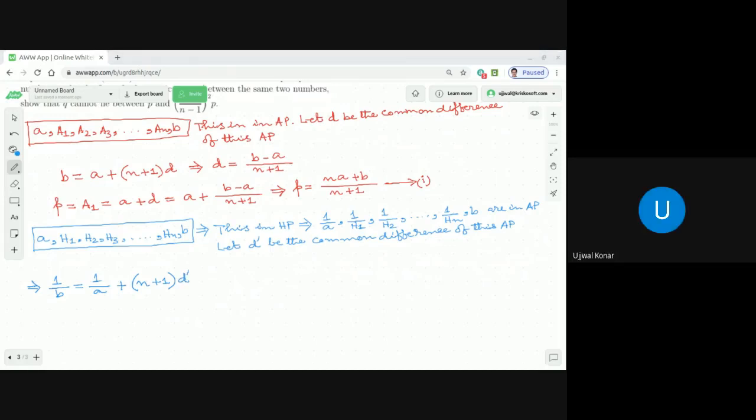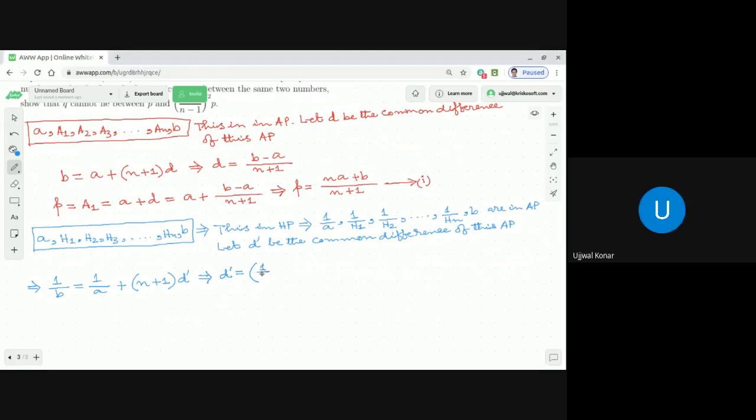So from here we can find the value of D dash. I can simplify a little bit. 1 by B is equal to, sorry, D dash is equal to 1 by B minus 1 by A, into 1 by n plus 1.